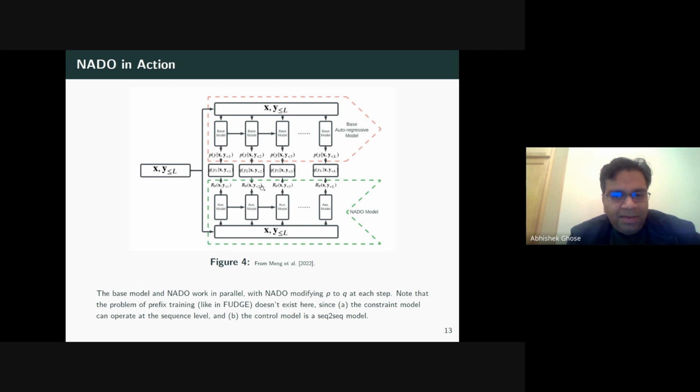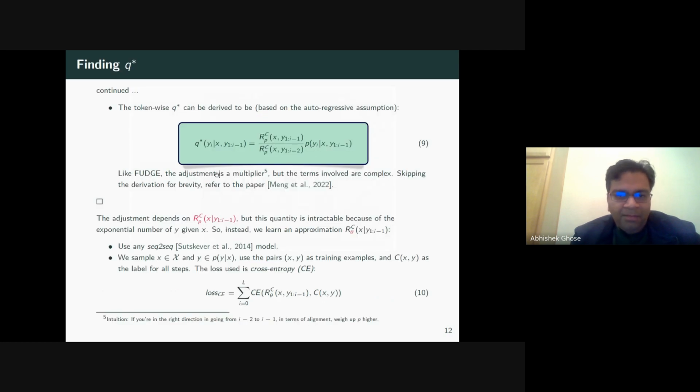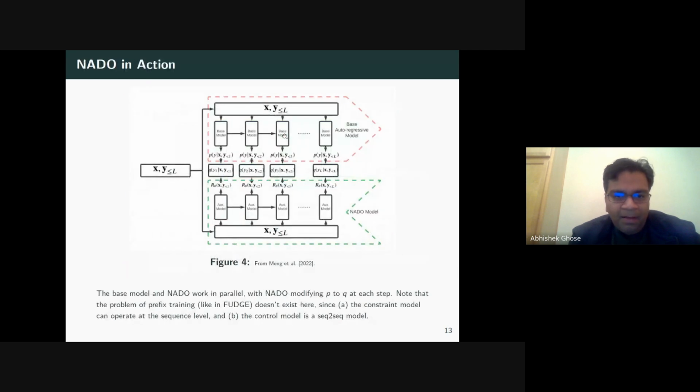So you keep calculating these values, and based on these values, you can calculate q based on this very simple product. So this is how you adjust. Essentially, you have to run both these models in lockstep, and at every token, you have to do this adjustment to produce this adjusted value q. And then you do your max sampling, take the symbol with the maximum probability or something like that, to produce the final output. So this is how NADO sort of fixes some of the issues with FUDGE.